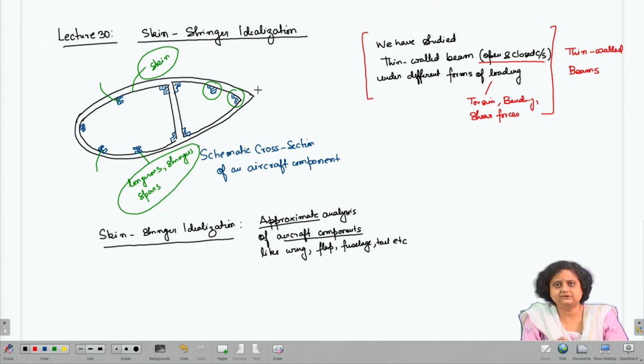As I have just discussed, at the design stage there have to be several iterations, and we might not need a very accurate analysis, but we need a quick ballpark or rough estimate of the structural component, so that we can develop the design or redo the design or redesign the component.